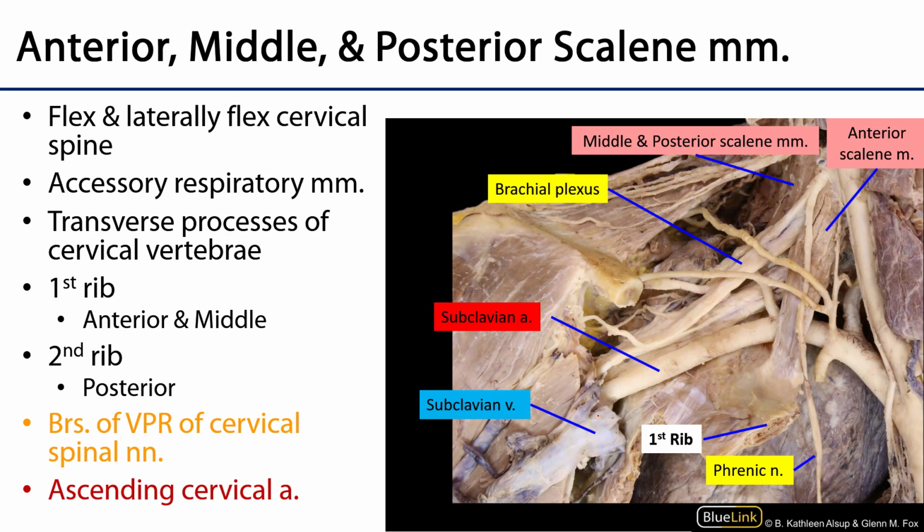So this is a photo of the right root of the neck, and within the right root of the neck here we can see a cut first rib, and so I will highlight that boundary of the first rib as it's heading that way and around that way.